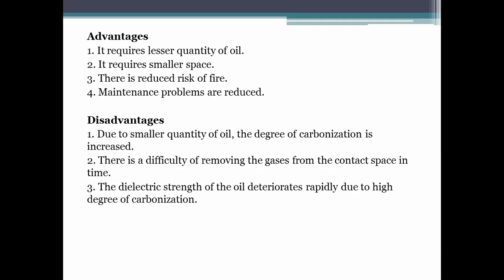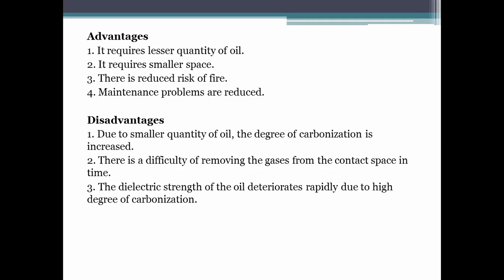So this minimum oil circuit breaker also has some advantages and disadvantages. The advantages are that it requires a less quantity of oil and it requires smaller space. Only 10% of oil we are using, and the space required is also low.